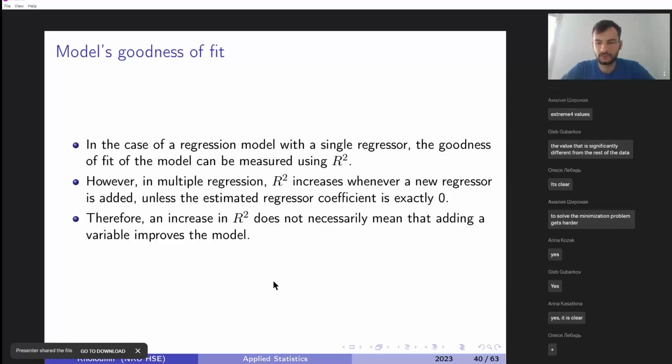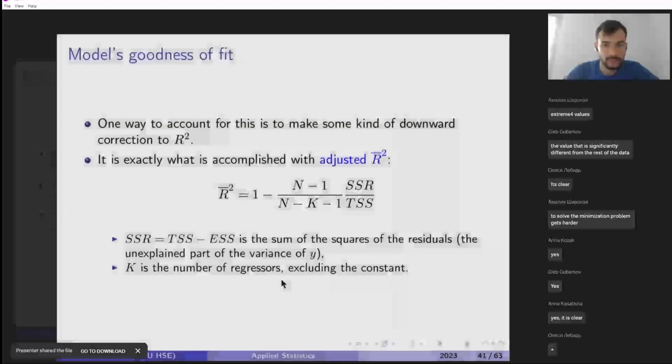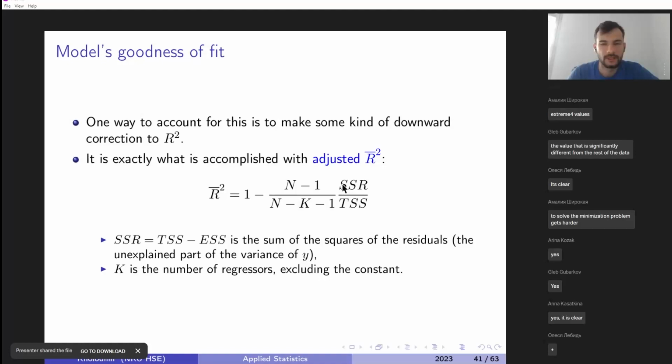And then you have to adjust a bit the calculation of R, taking into account that you increase the number of regressors.